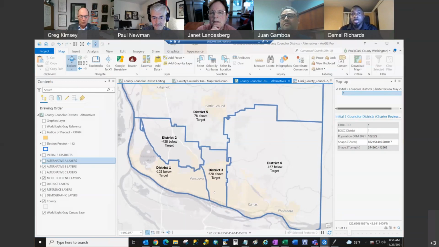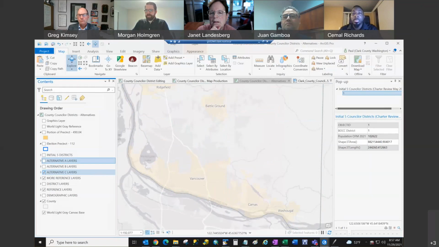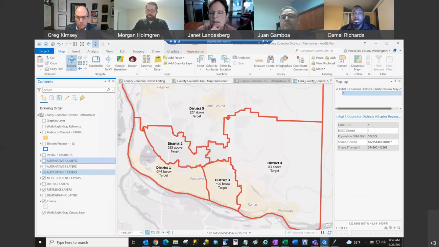Well, even if we adopt alternative A or alternative C, we don't include all of Vancouver. We could include 99% of Vancouver, but we weren't able to get the entire city included. And that's ignoring the area that's in District 2.